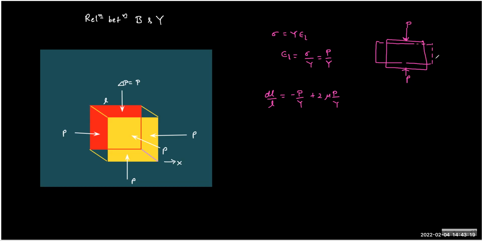We know the strain in this direction, and the strain in this direction will be how much? Mu times this value. So the strain in the direction of applied force is P by Y. So the strain in the transverse direction is mu times that value.